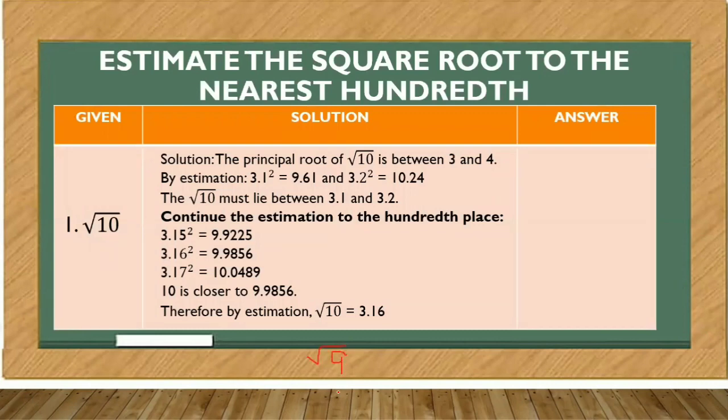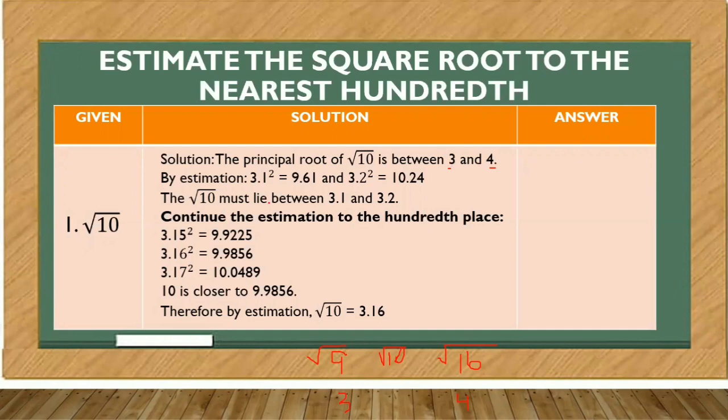Ang perfect square niya is 3. And then, nandito si square root of 10. Wala siyang perfect square. And then, ang susunod na merong perfect square, 16 na, which is, ang kanyang perfect square is 4. So, dapat nasa between siya ni 3 and 4. Pinag-uusapan natin dito, principal root. Kaya yung sagot mismo nila, si 3 and 4.